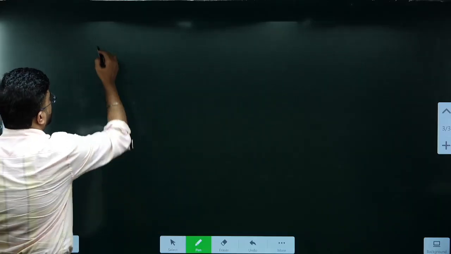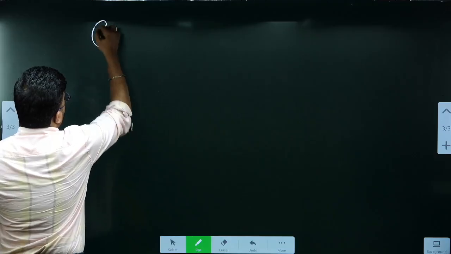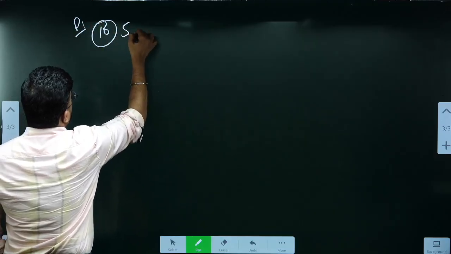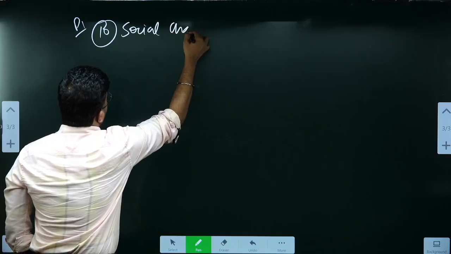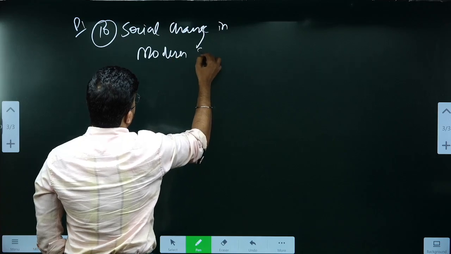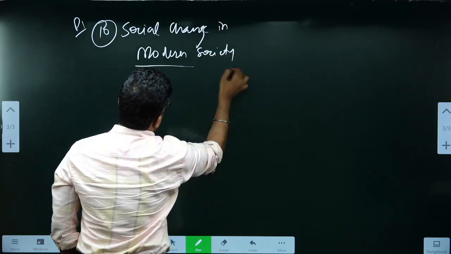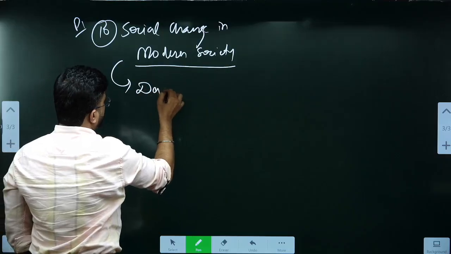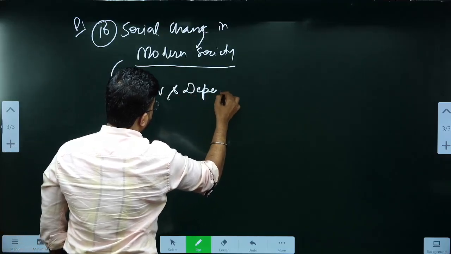For example, when we talk about chapter 10 of paper 1, which is about social change in modern society, here you tend to read about development and dependency.